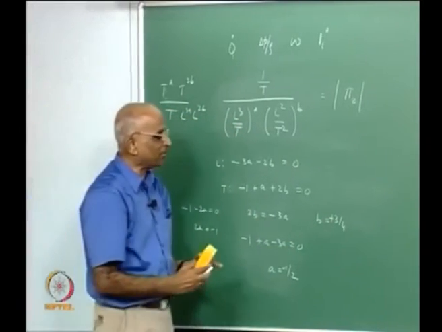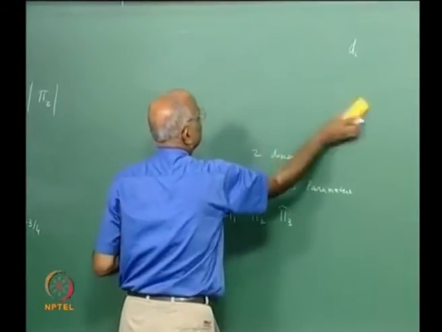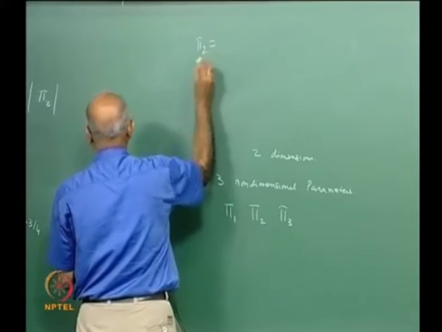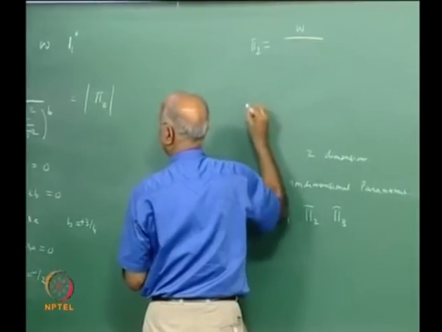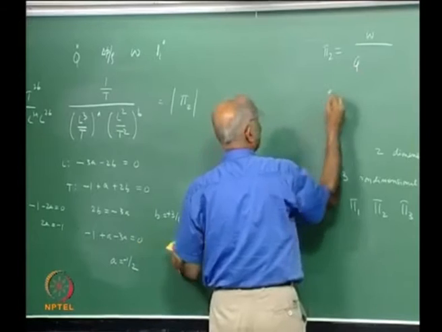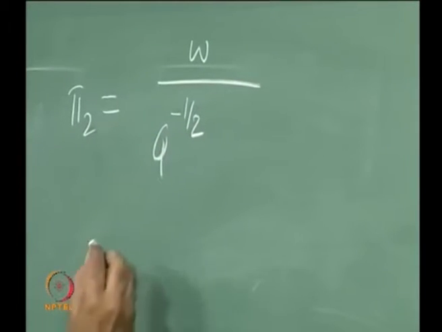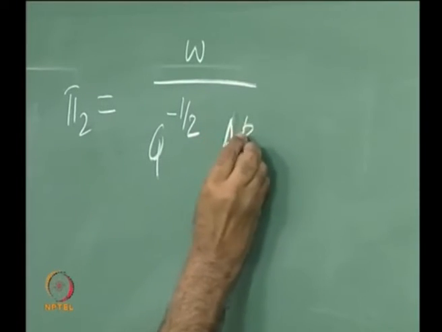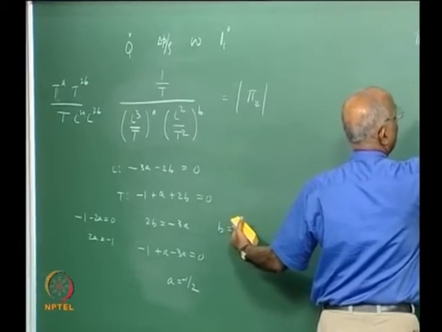Therefore, what will be my expression pi 2? Pi 2 is equal to omega on top, this was my q to the power a, which is minus half, and b is delta p by rho to the power plus 3 by 4.